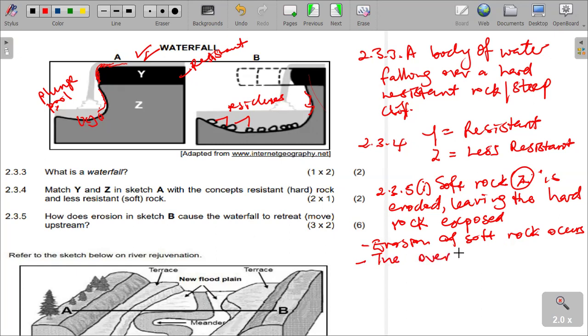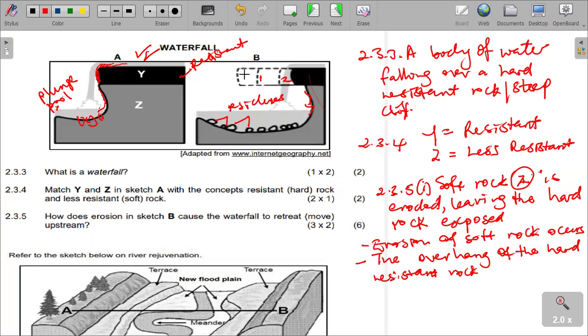The overhang of the hard resistant rock breaks off. As you can see, the broken lines shown here are showing the retreating, or the back movement, or the upstream movement of the waterfall.